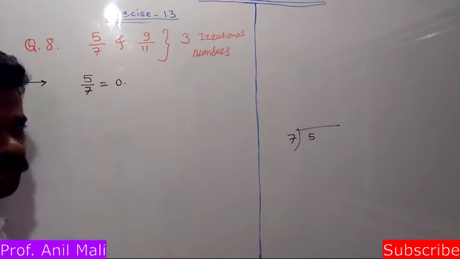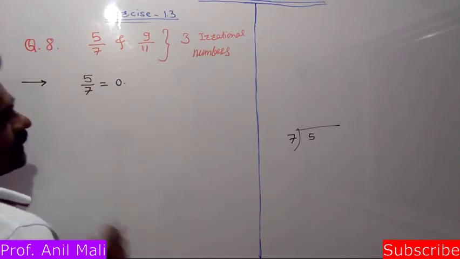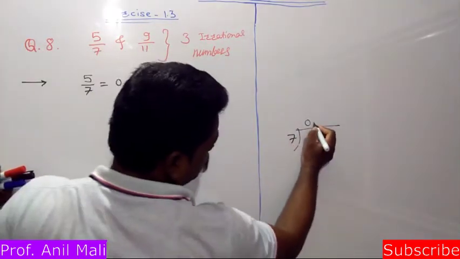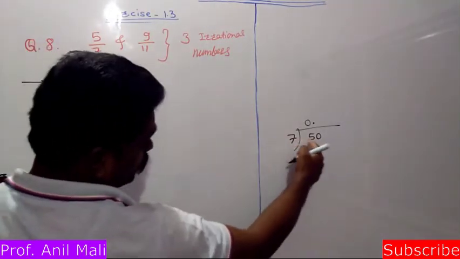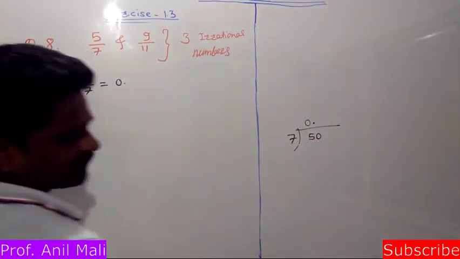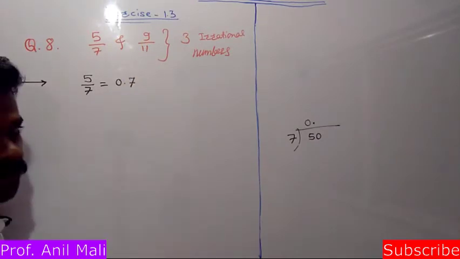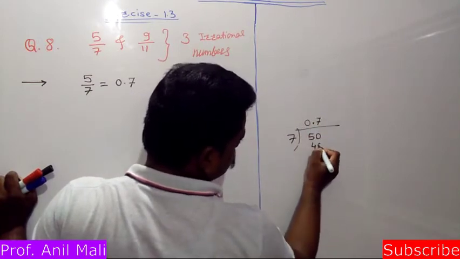It becomes 50. Now we are going to divide 50 by 7. 7 sevens are 49.